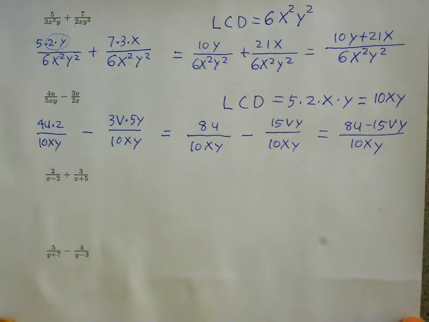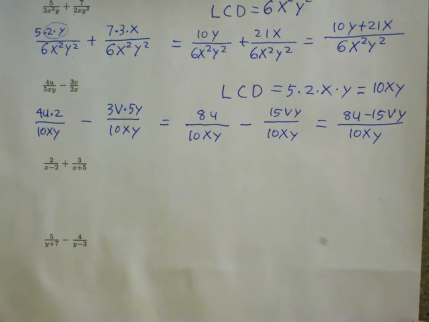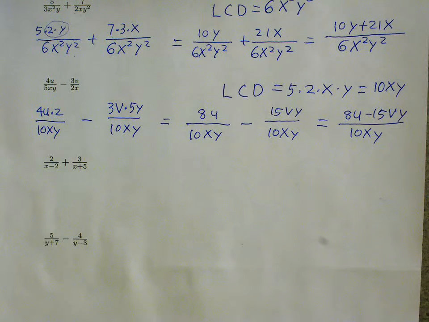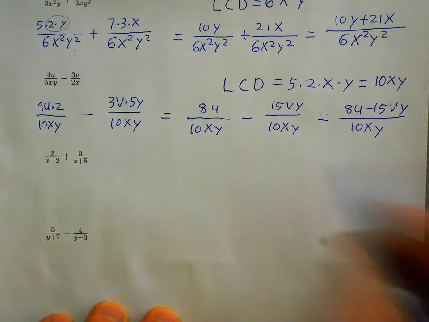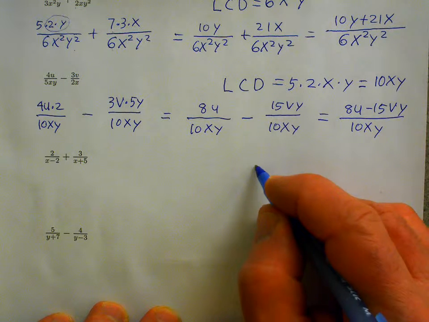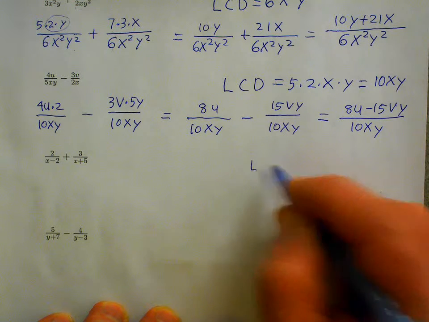Okay, the next one, 2 over x minus 2 plus 3 over x plus 5. The least common multiple of the denominators.